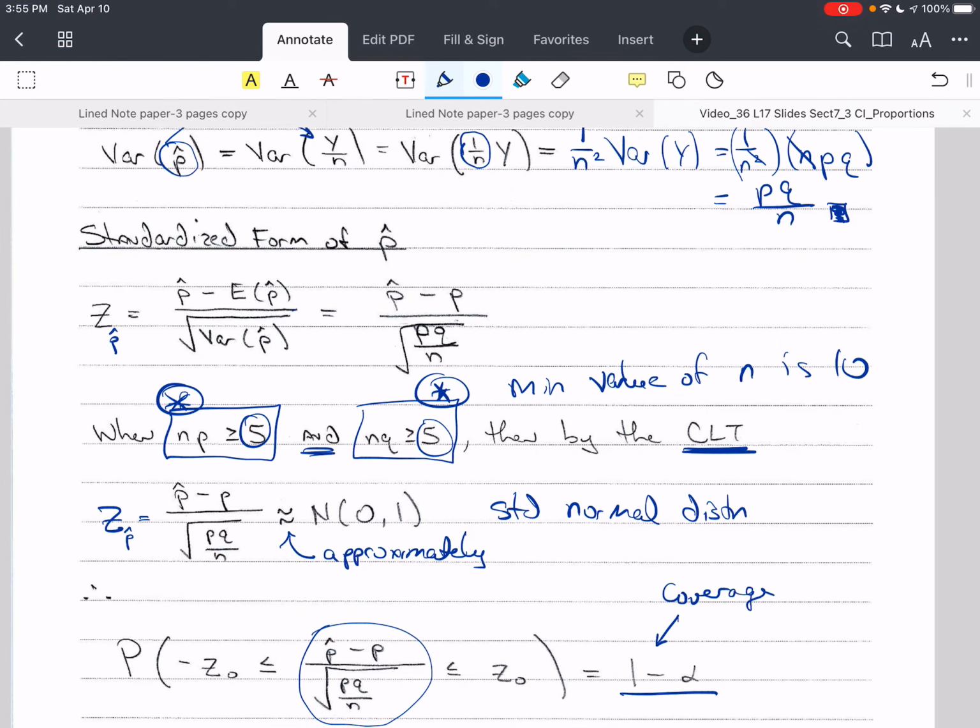I explained that before, coverage probability, which in this case is also the confidence level.